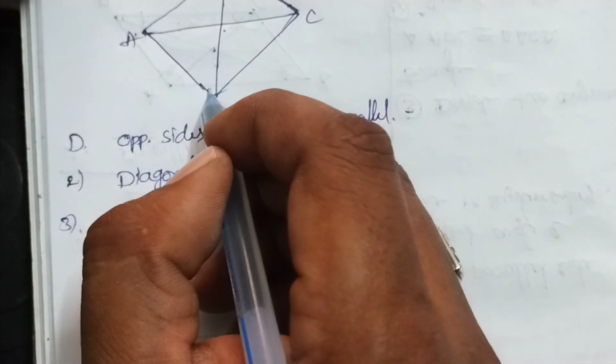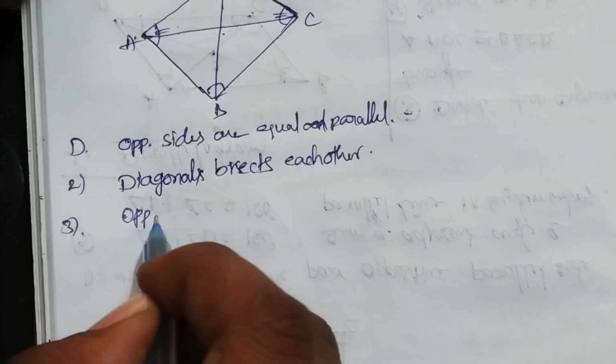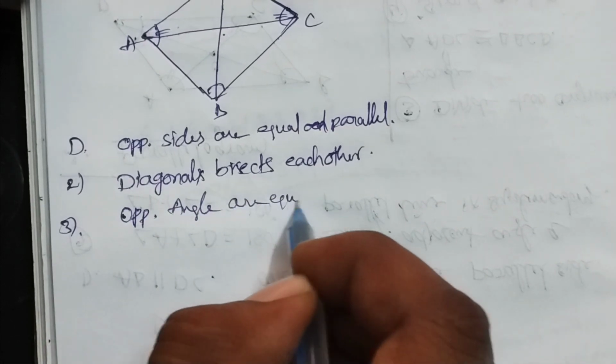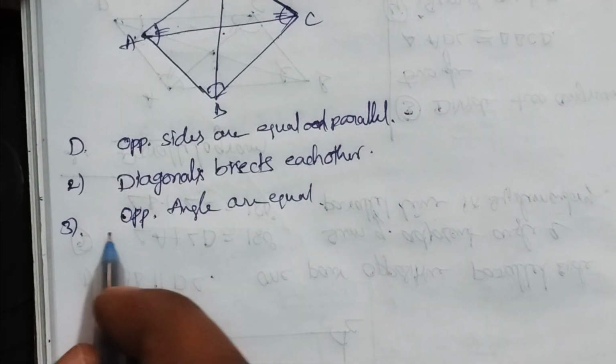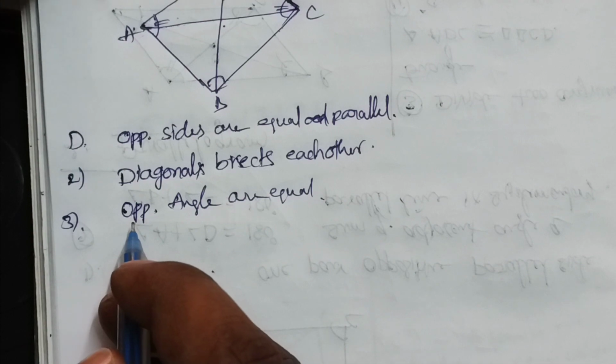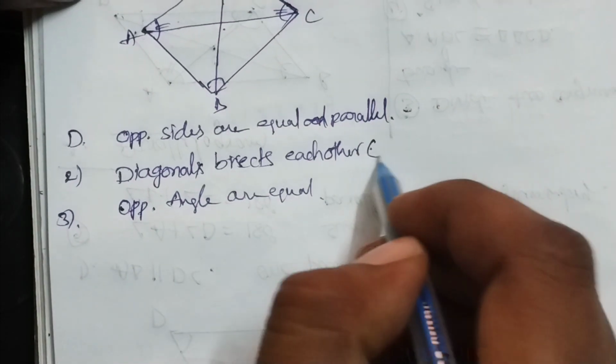Opposite angles are equal, meaning angle B is equal to angle D and angle A is equal to angle C. Next, diagonals are not equal. They are not equal but bisect each other.